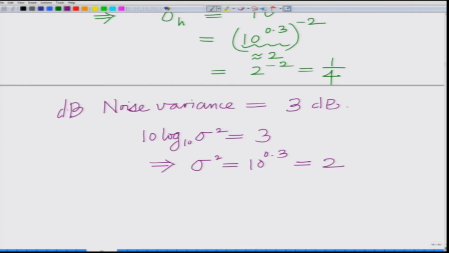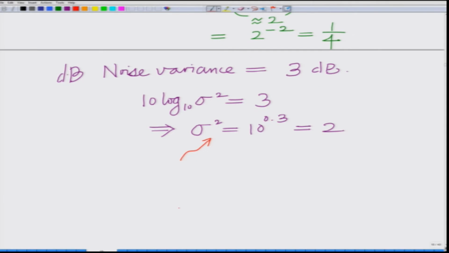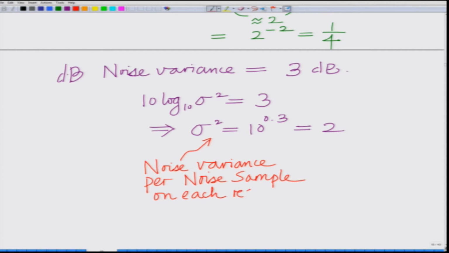So sigma square, the noise variance per noise sample on each receive antenna, as we discussed when we covered the noise, is equal to 2.